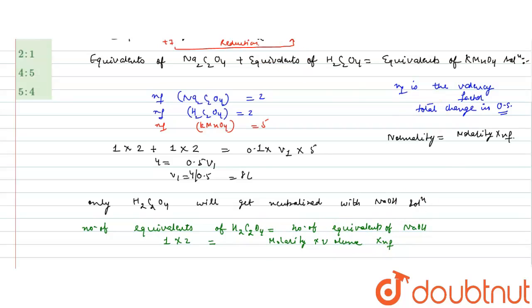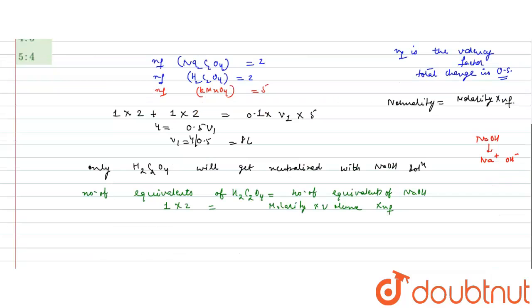The n factor for NaOH: NaOH in solution will give Na+ and OH- ions. So the total charge on the anion or cation is 1. Either on cation it is +1 or on anion it is -1. So its n factor will be 1, and its molarity is given 0.2 molar.